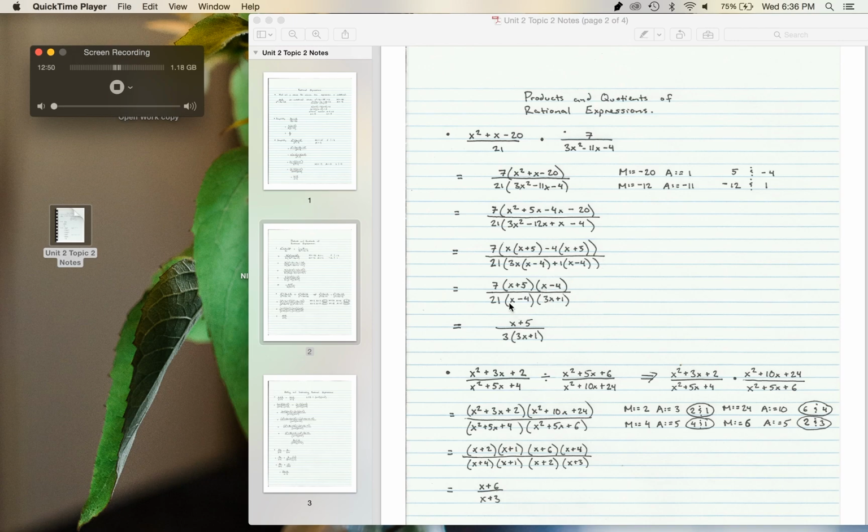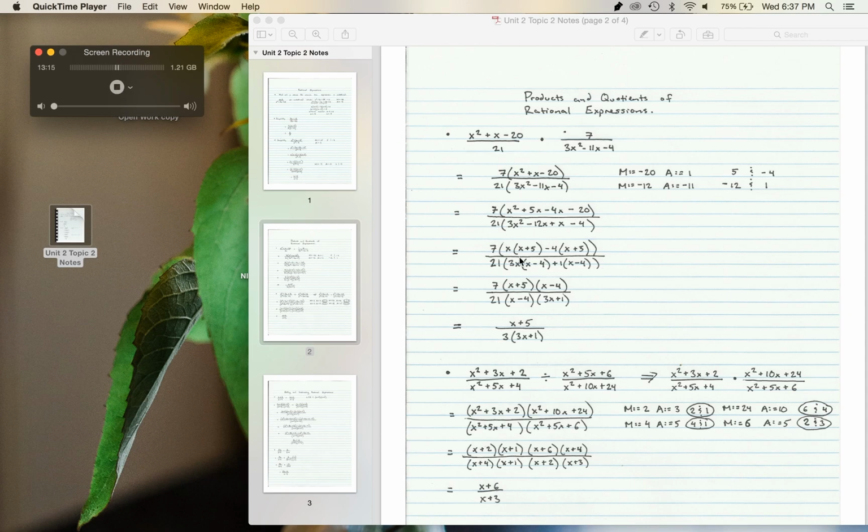These x minus 4s will cancel on the top and bottom, cancel to 1. So I'm left with x plus 5 from the top, and the 3 from the 21, and the 3x plus 1 on the bottom. So this is the product of these two rational expressions.